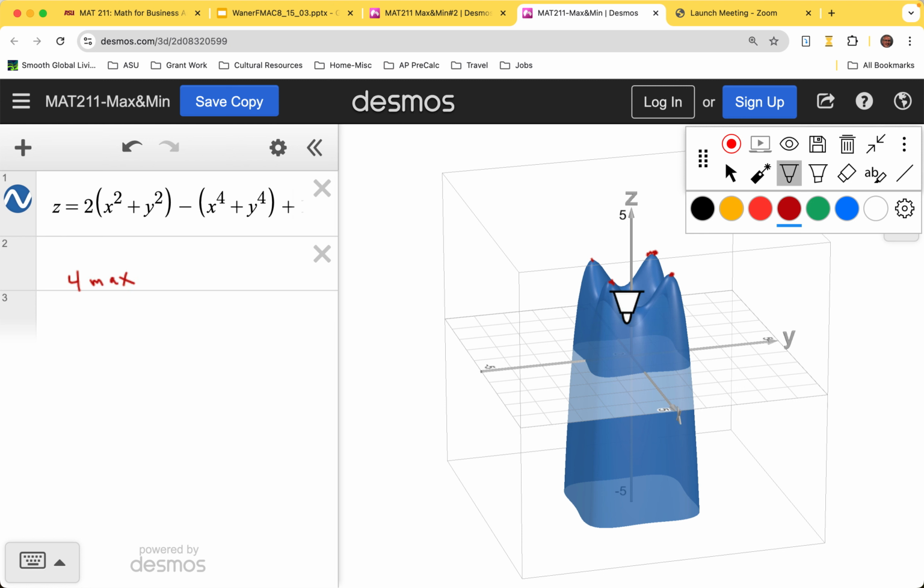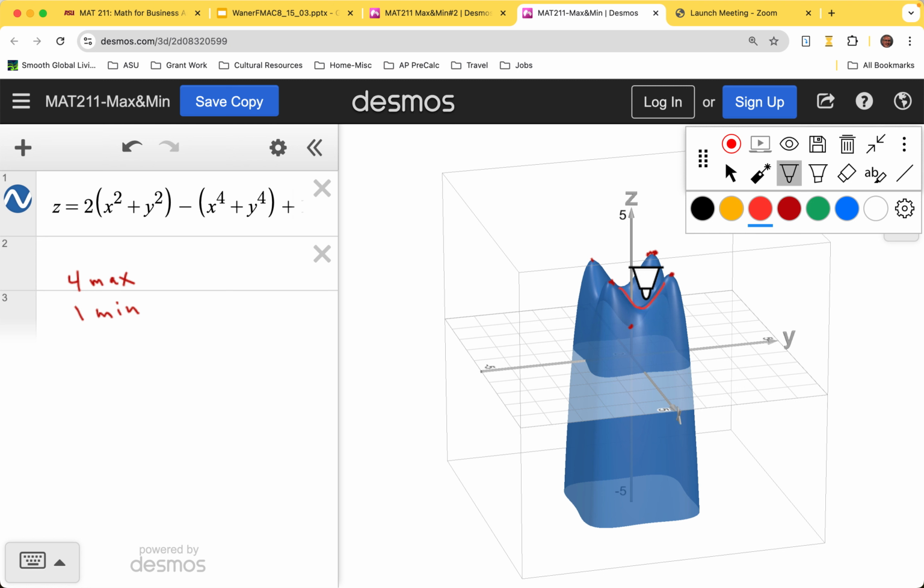In the middle down here, you can see the translucent part in the middle at 0. I don't know if that's (0, 0) or not, but it's down in there. On the z-axis, it looks like it crosses. We're going to get one minimum. And then there are these saddle points here. That's where we've got a minimum in this direction, right?